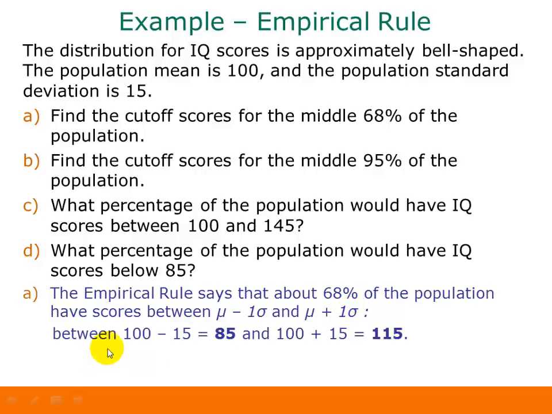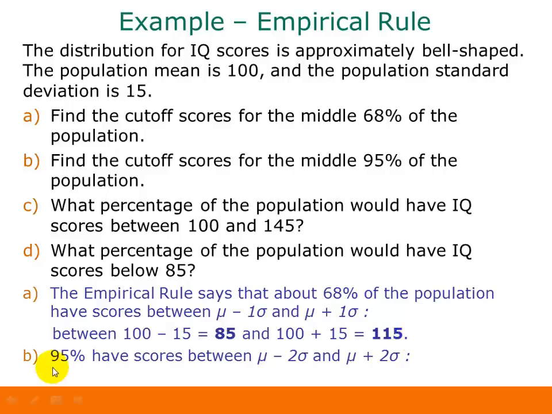So if our mean is 100 and our standard deviation is 15, then we're just going one standard deviation on either side of the mean. One standard deviation below the mean would get us down to 85. One standard deviation above the mean would get us up to 115. So about 68% of the population have scores between 85 and 115.